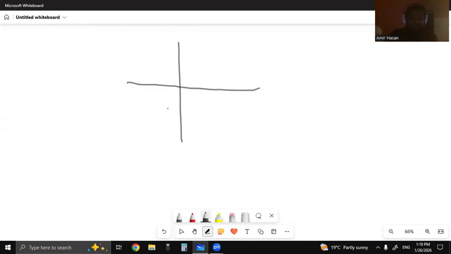Basically, if we draw the graph with current on the y-axis and voltage on the x-axis, current and voltage increase. But what happens at a point of current and voltage?